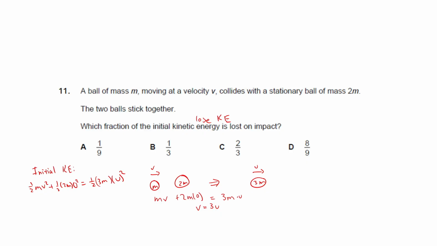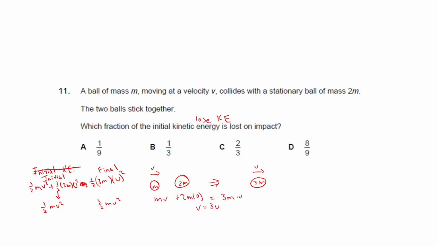Actually, I kind of just wrote the relationship, but this is what these two should be. So this is initial, and this is the final, and we have to find the relationship between these two, not necessarily equal. So if we calculate this out, we get 1/2 mv squared, and then we have 3/2 m u squared.